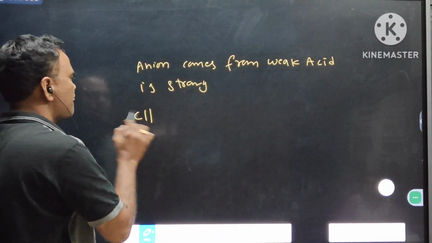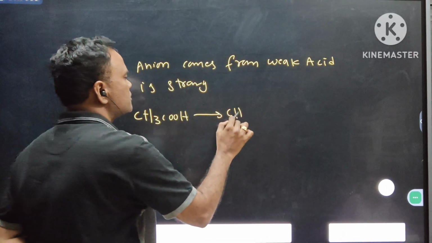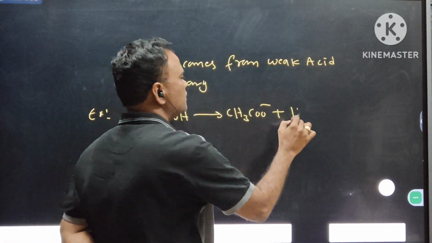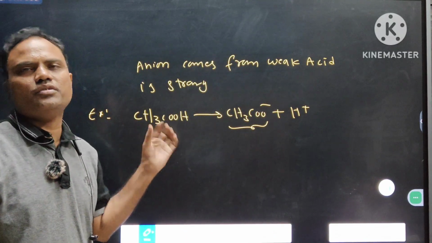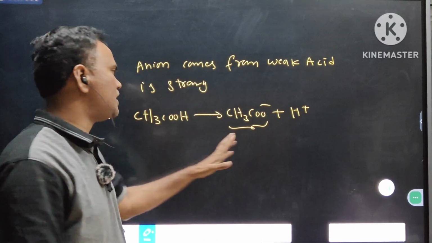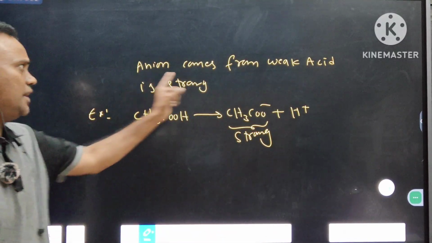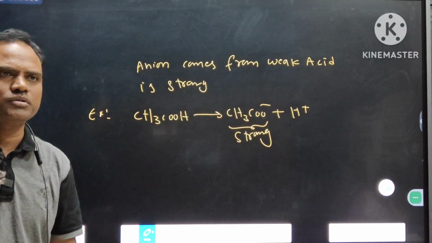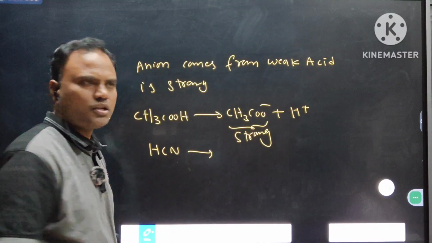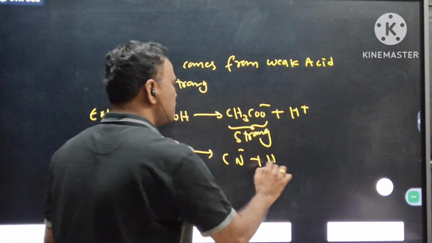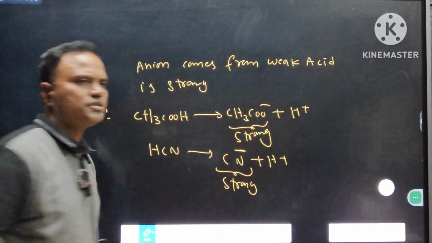For example, acetic acid CH3COOH dissociates into CH3COO negative and H plus. This anion is coming from a weak acid. Very simple: if the anion comes from a weak acid, it will be strong. Similarly, HCN is a weak acid, right? CN minus is strong because it is coming from a weak acid. I gave the weak acids list.